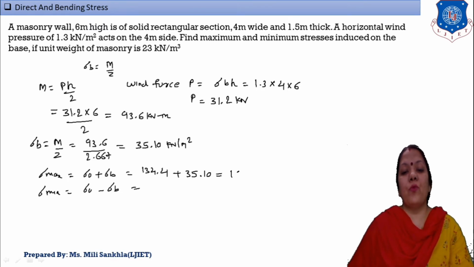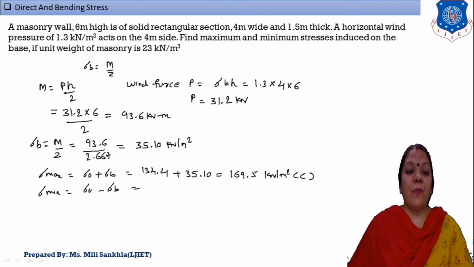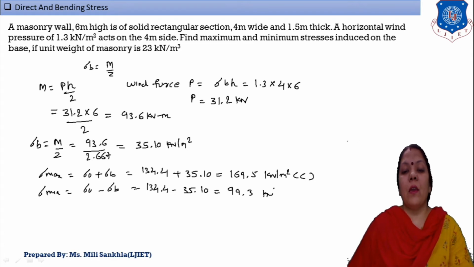The summation of these two values is equal to 169.5 kilonewton per meter square, and this is positive, so it is compressive. The difference between direct and bending stress is 134.4 minus 35.10, and the answer is 99.3 kilonewton per meter square. Again this is positive, so we write compressive.